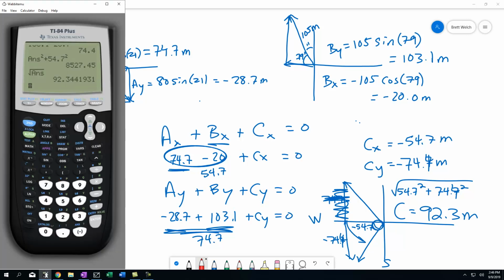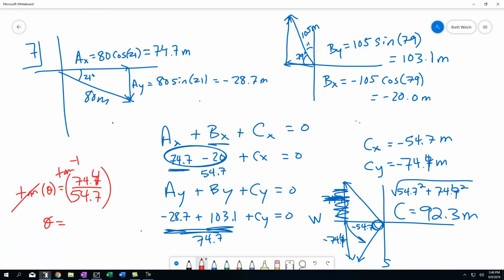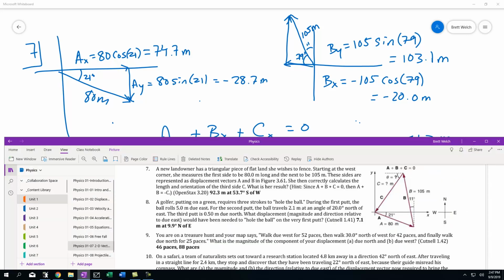Second, tan of 74.4 divided by 54.7 comes out at 53.7 degrees. Whew, that was a doozy, but I think we got through it all. And again, south of west.